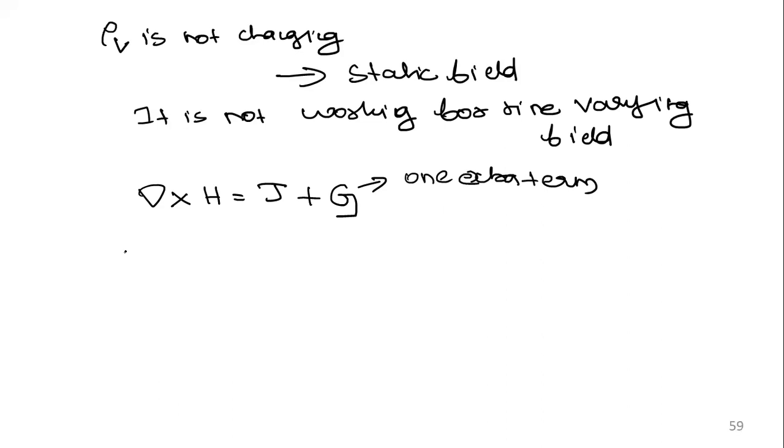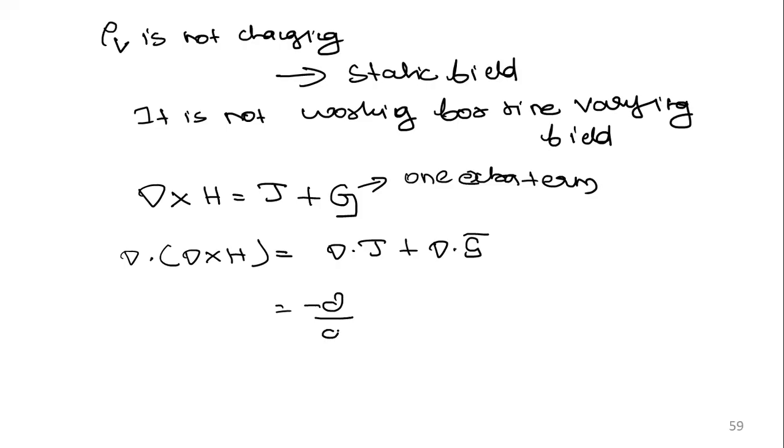We'll take the divergence, then del dot del cross H is equal to del dot J plus del dot G. And del dot J, you already know, continuity equation, that is minus dou by dou t of rho V, plus del dot G.